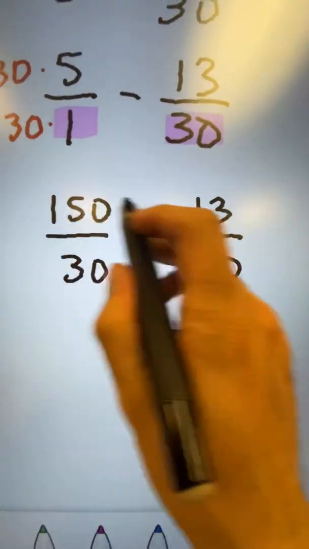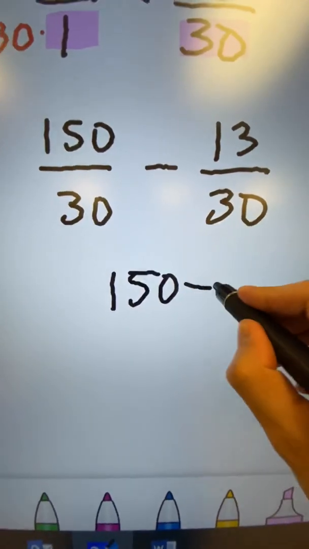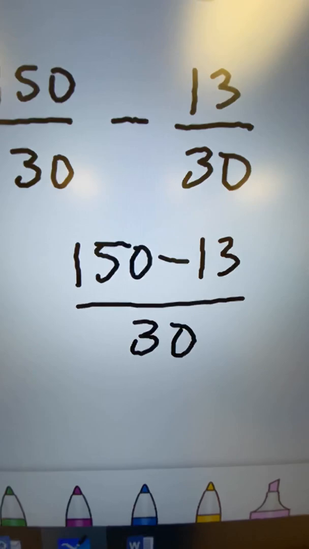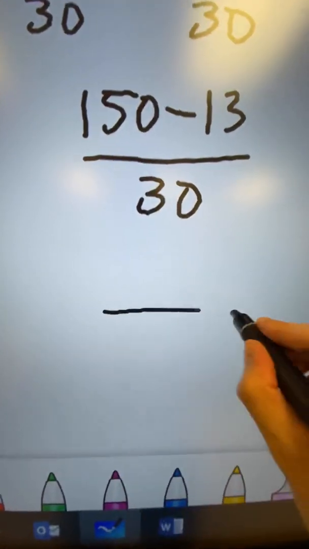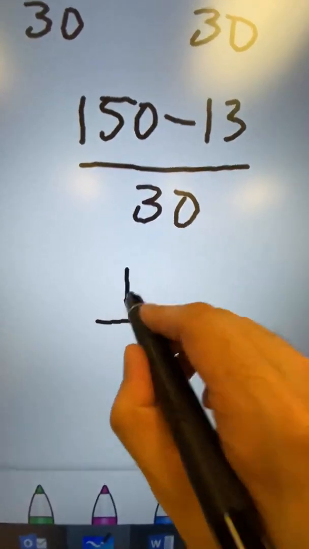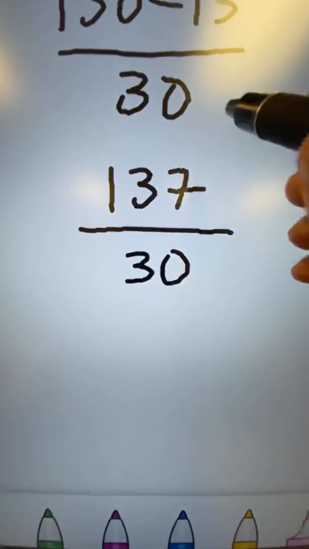Then I just subtract 150 minus 13 over the same denominator, because you can combine them now. When I simplify 150 minus 13, that's 137. And we can leave this here as 137 over 30.